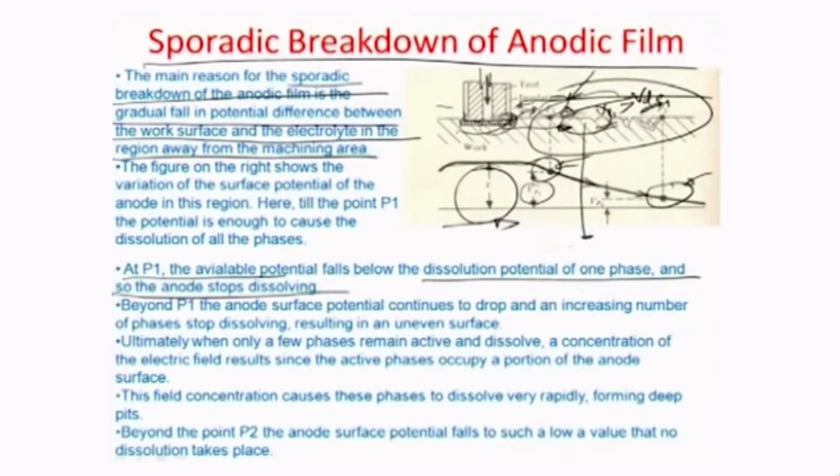So, you can see here this roughness which is created is because maybe one of the phases in this particular zone had the available potential Vp1 greater than its own dissolution potential. You can call it Vd of a phase at P1, and that came off, and because of coming off you have this roughness or tethered surface which results.